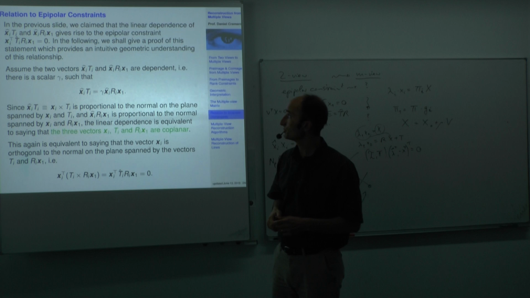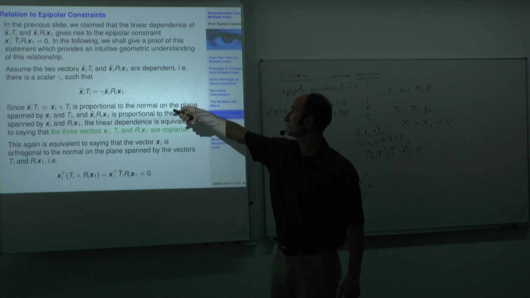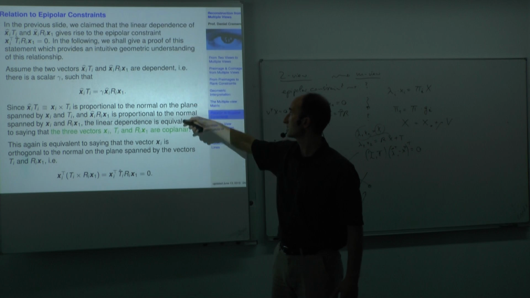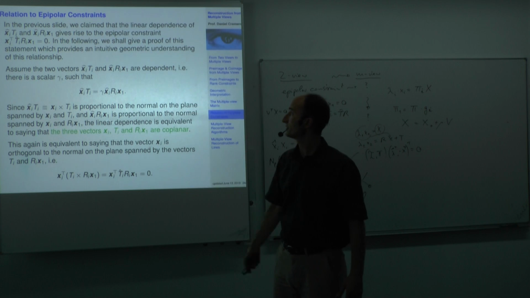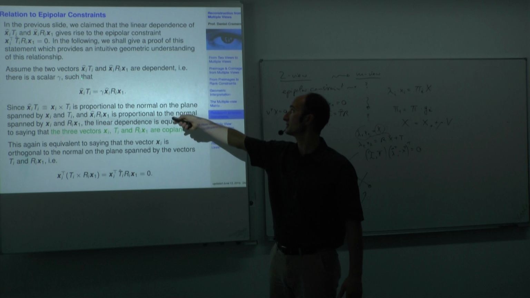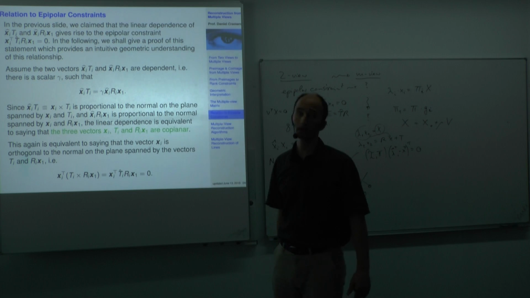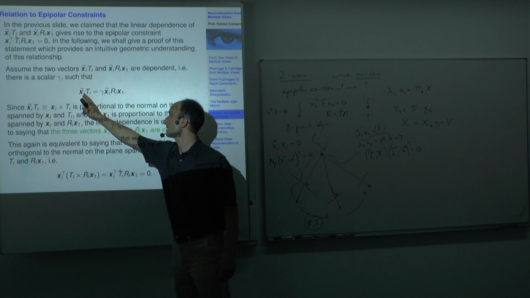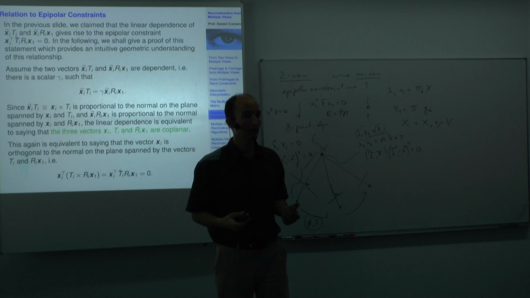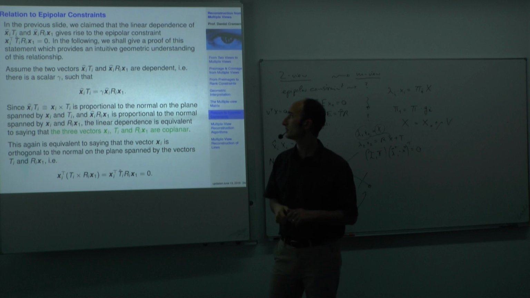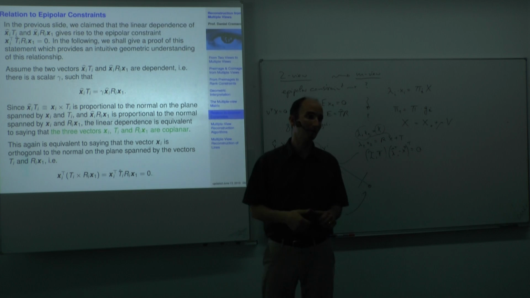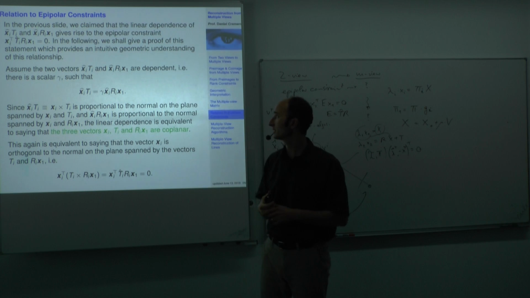And this can be proved, so we assume that the two vectors xi hat ti and xi hat ri x1 are dependent. So there exists a scalar gamma such that one is a multiple of the other. Right? Linear dependency basically means that some non-trivial linear combination of the two gives 0, and so in this case can just be rewritten by saying one is a scalar multiple of the other.